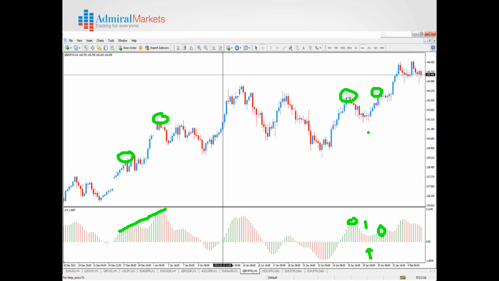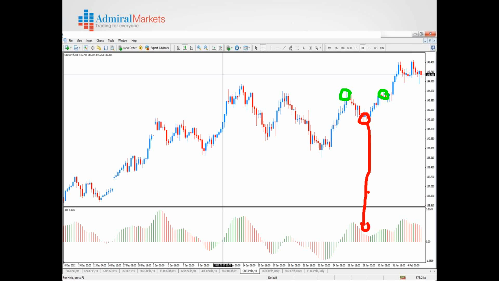The AO did not go back to the zero line, which means that in fact this is one ongoing movement on this 4-hour chart. And if we were to zoom into a 1-hour chart, then we might see that between these peaks, this valley has reached the zero line. That's possible, but it's a different time frame. You would have to go to the 1-hour chart.